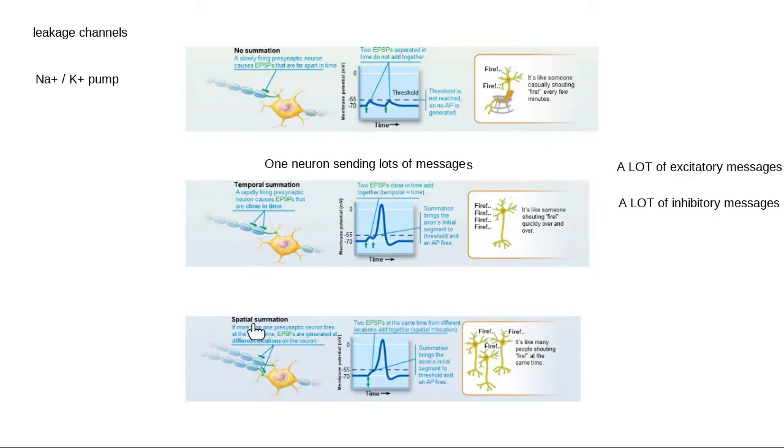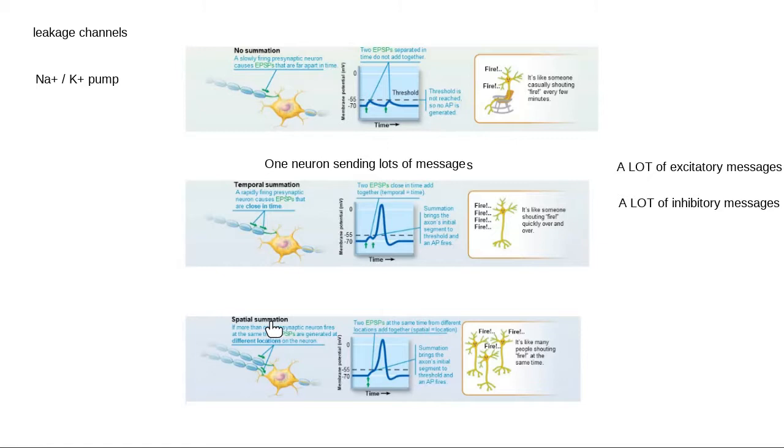So spatial summation is when we have more than one neuron sending messages. In the case of this picture, all of these neurons are sending happy messages, but that's not always the case. Spatial summation is not always the same message.